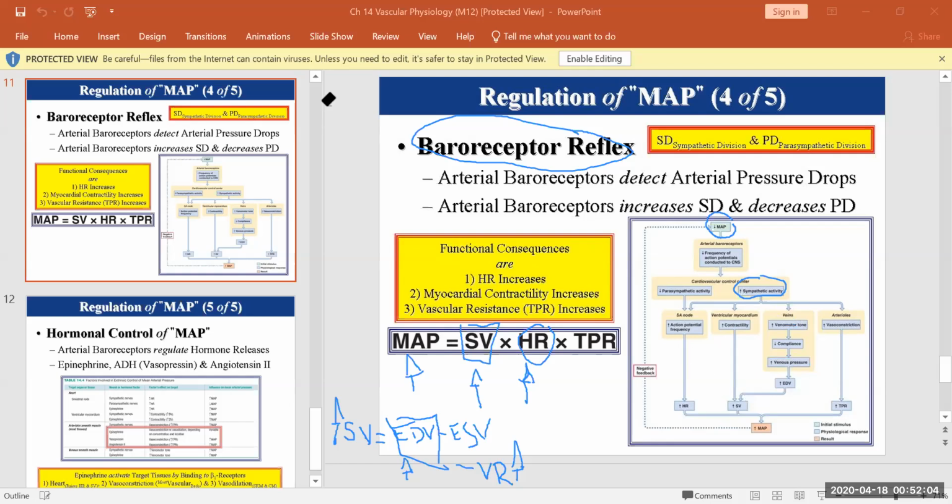And we also learned that the sympathetic can also affect arterioles by causing constriction of the arterioles. If you increase the constriction, you will increase TPR, resistance to flow. If you increase TPR here, you will increase MAP.